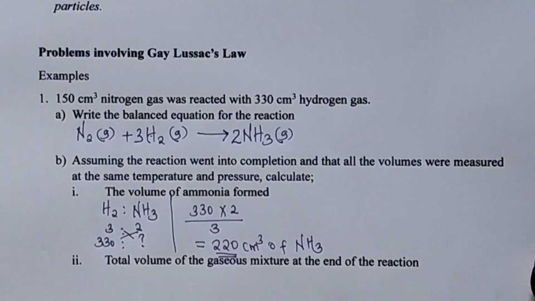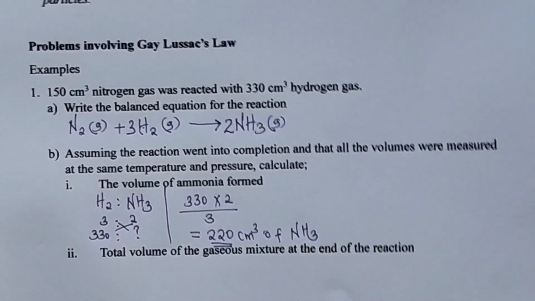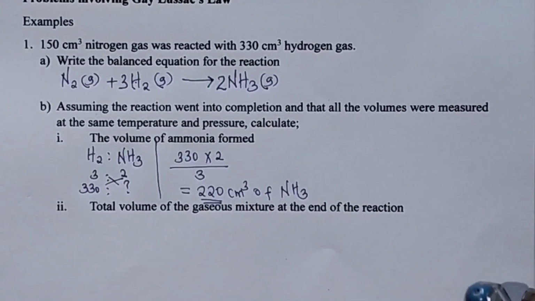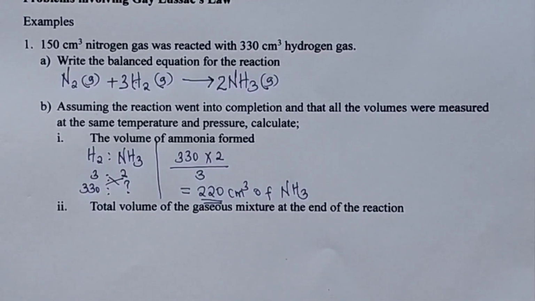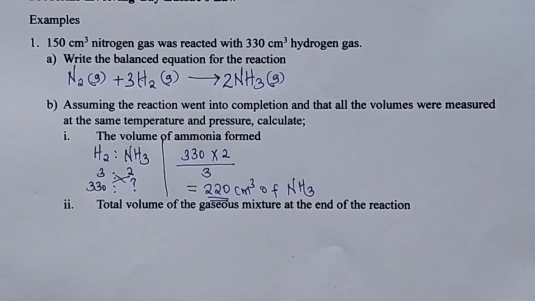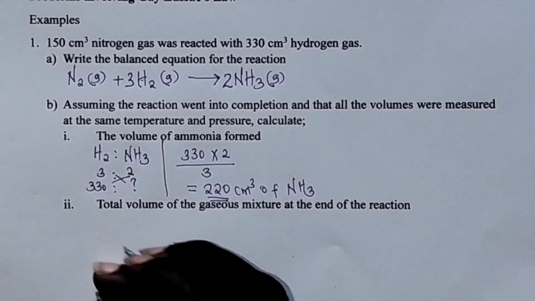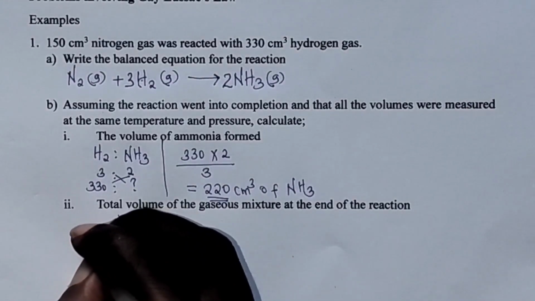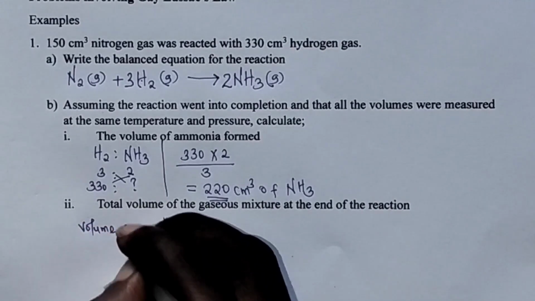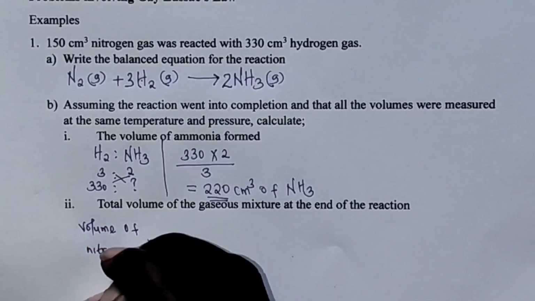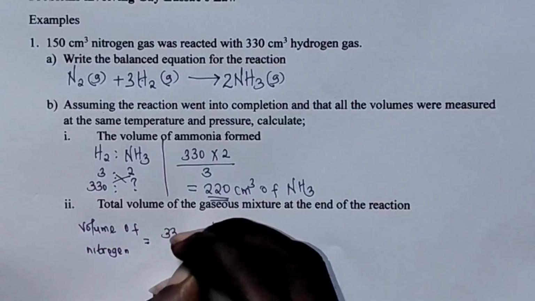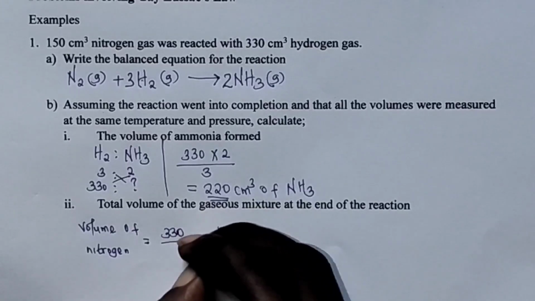So we proceed to Roman 2. In Roman 2, we are told to find the total volume of the gaseous mixture at the end of the reaction. If you remember, we said nitrogen was in excess. First of all, we have to find the volume of nitrogen gas that reacted, which is 330 divided by 3.